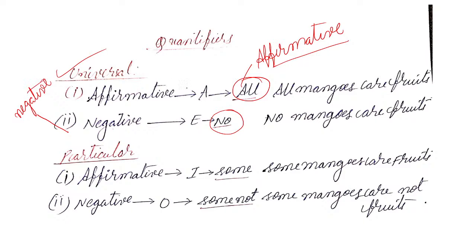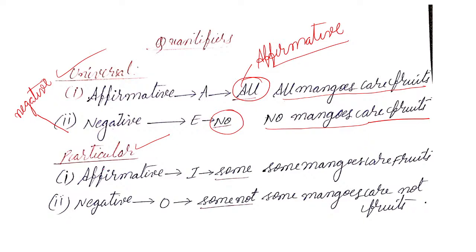This is universal affirmative, and this is universal negative. Here, all mangoes are fruits is the example of universal affirmative. And negative: no mangoes are fruits. This is the example of universal negative.